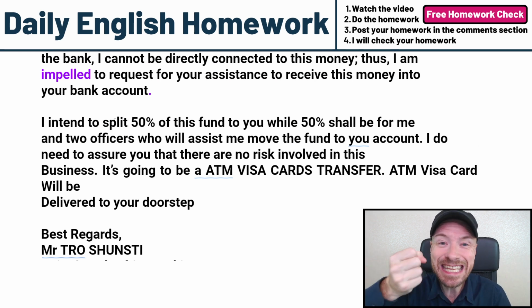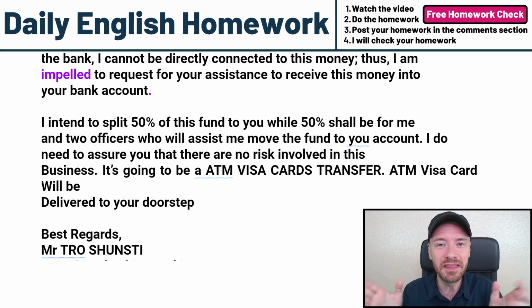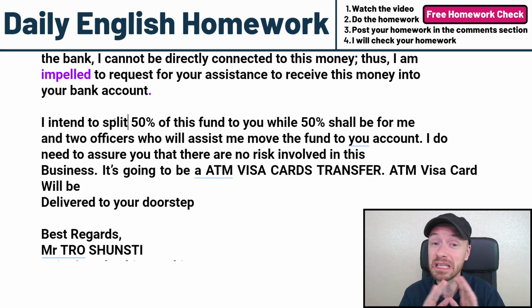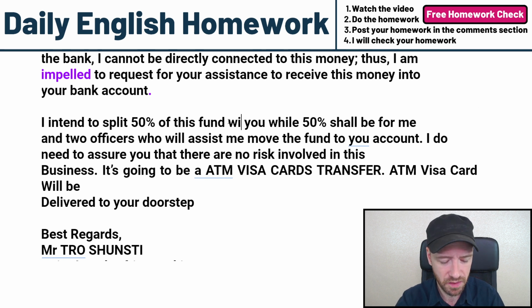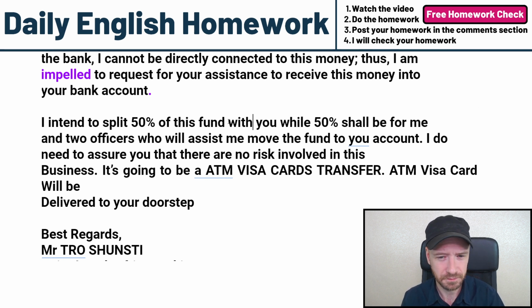You know, if we're stealing money, we split it. The thieves split the money. So, I intend to split 50% of this fund with you, while 50% shall be for me and 2 officers.